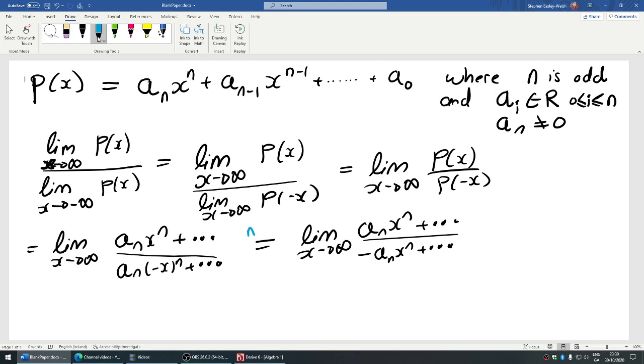Since n is odd, we know we can pull the minus out then.